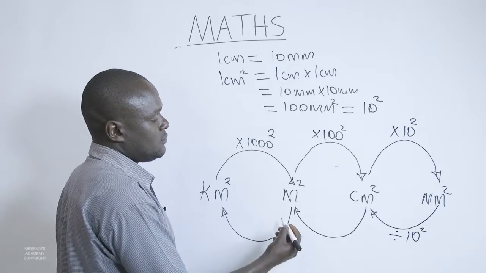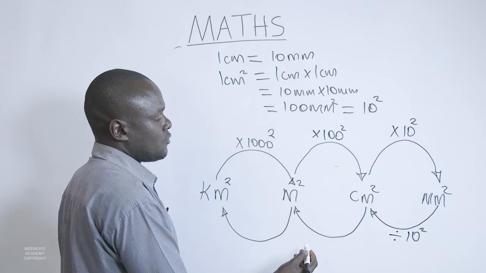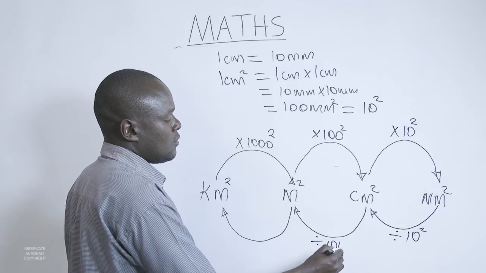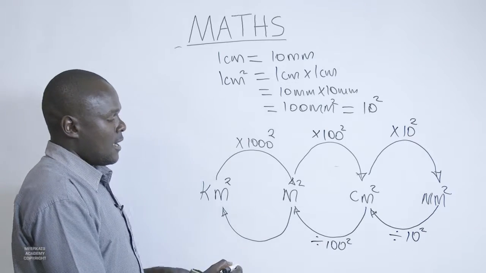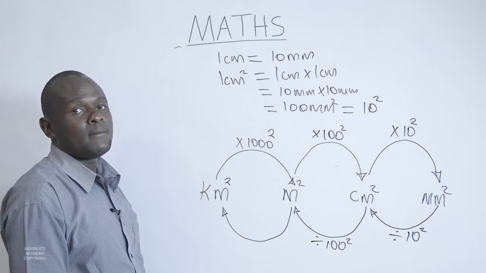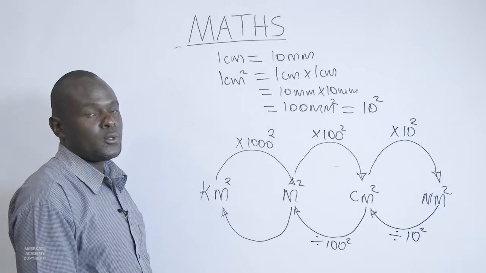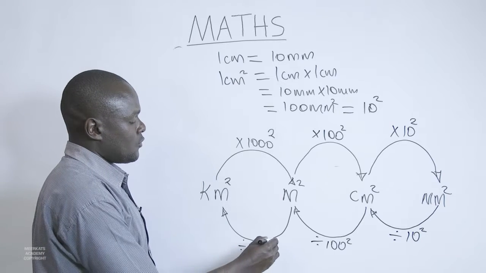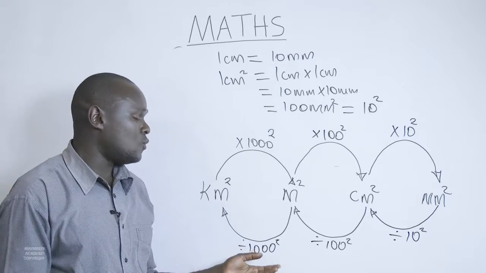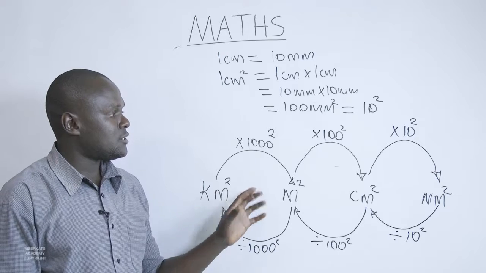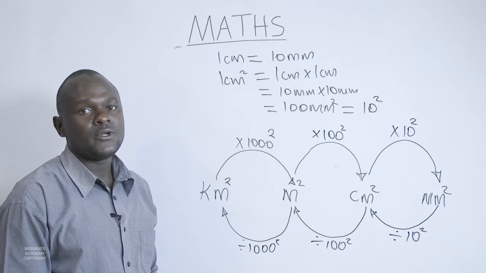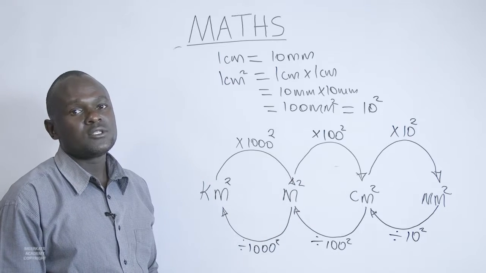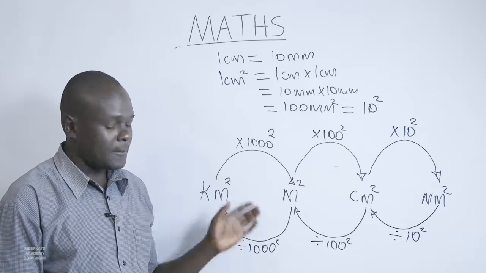And to move from centimeters squared to meter squared, we will divide by 100 squared. And for us to move from square meters to square kilometers, we will divide by 1,000 squared, which is the same as 1 million. This chart is very vital when it comes to conversion of these commonly used units of measuring area.